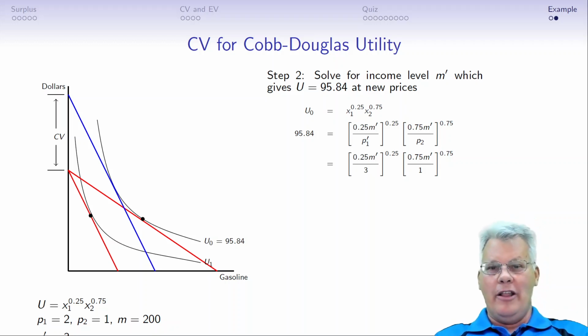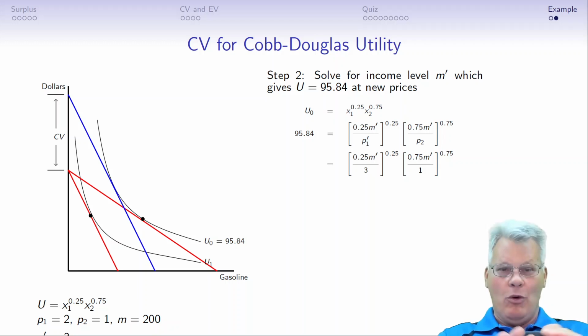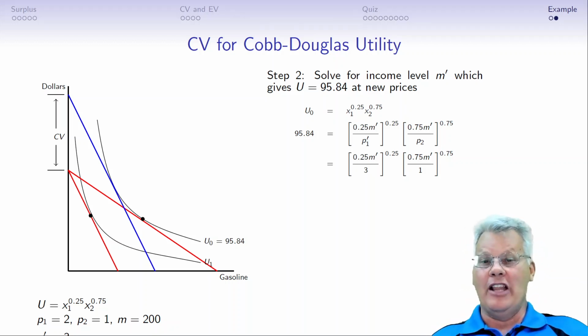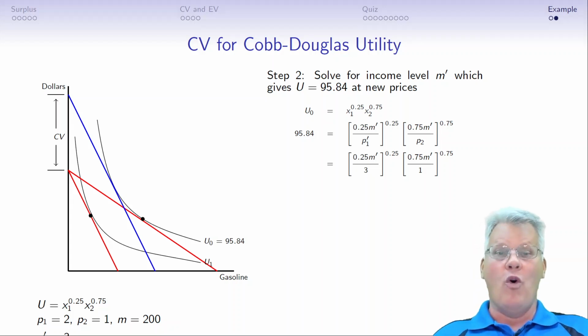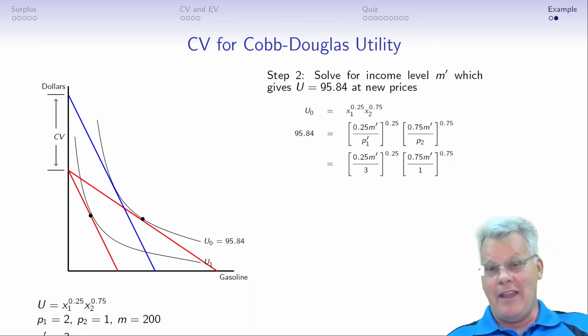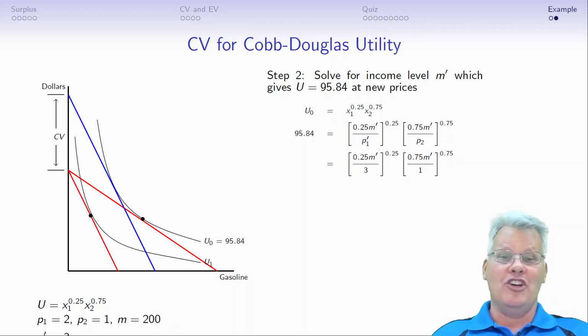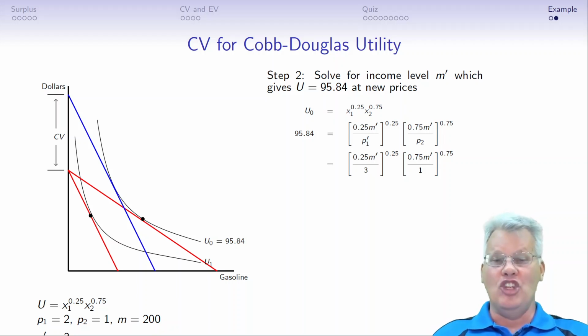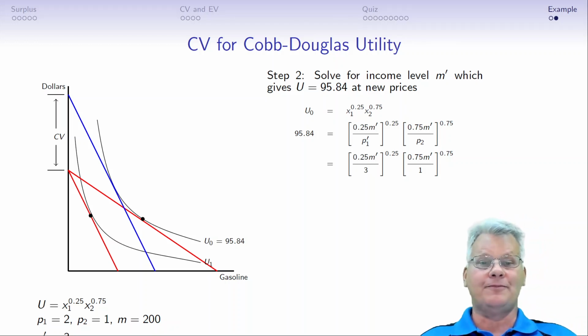So I start in the column right above me with the utility function, and I set that utility level to 95.84. And what I've done is I've substituted for x1 the demand function. The demand function for good 1 is 0.25 times the new income level divided by the new price level.